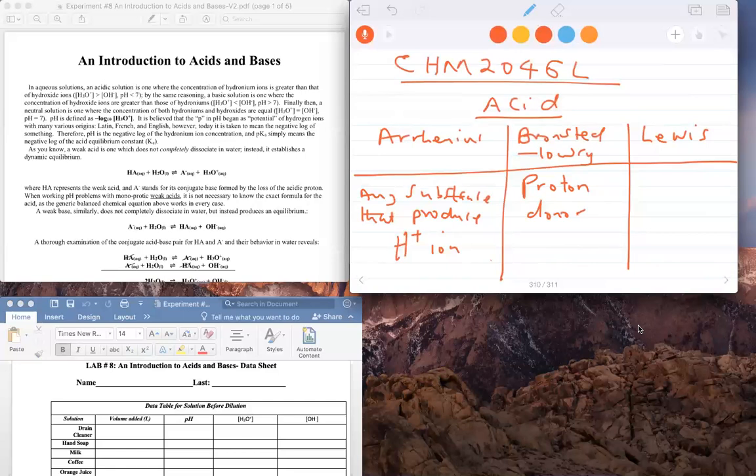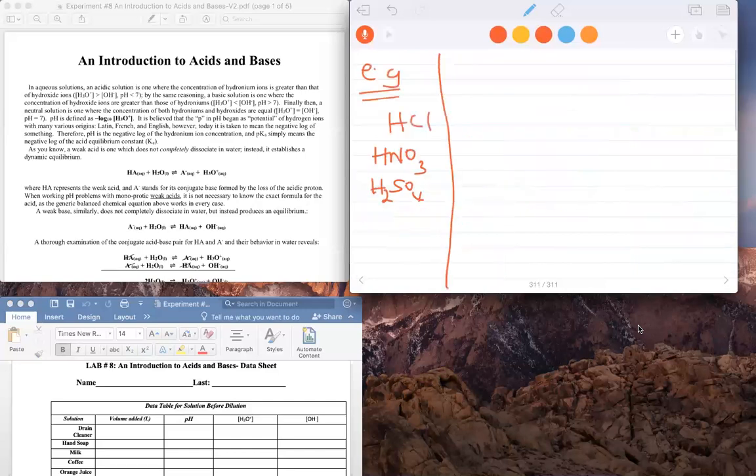And then the Lewis definition is electron pair acceptor. That means it is accepting electrons. An example for Bronsted could be HCl, which donates a proton, or nitric acid, which donates a proton.